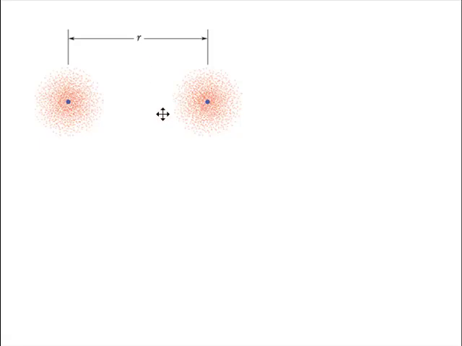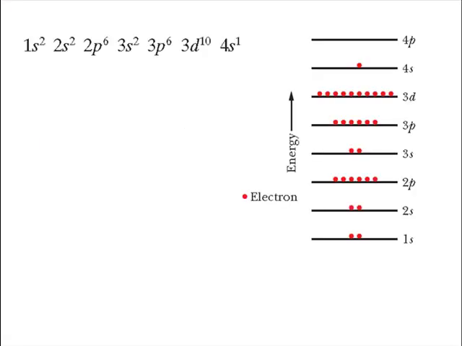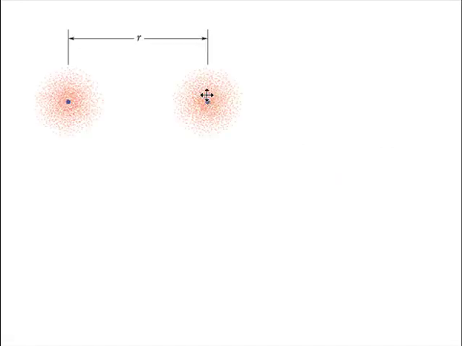What that means is that we can't have a separate state energy level for the electron on the left and on the right with the same energy. Instead, this 4s level becomes one single level for both atoms, but then it splits into 2 slightly different energies.